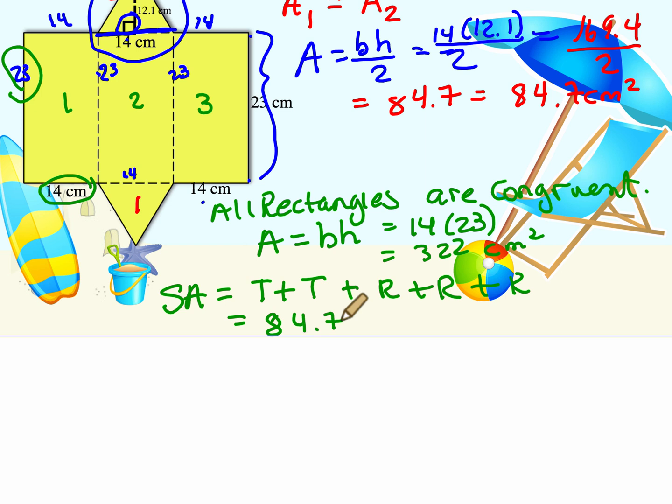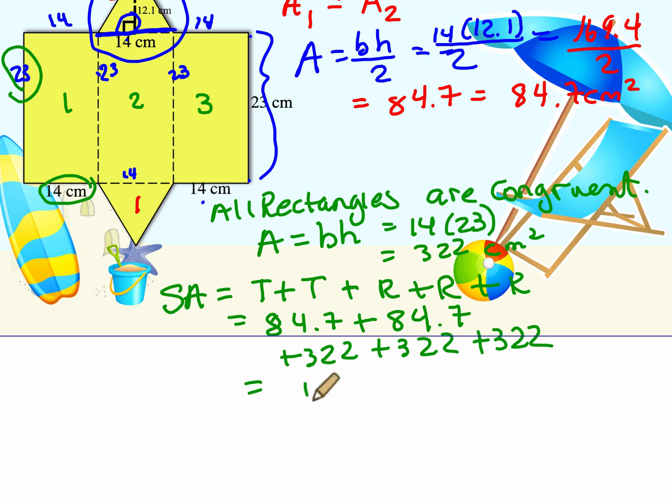So I have 2 areas for my triangles, so 84 and 7/10 twice, plus my 3 rectangles, which were 322 each. And now I go ahead and find the sum of that. And I get 1,135.4.